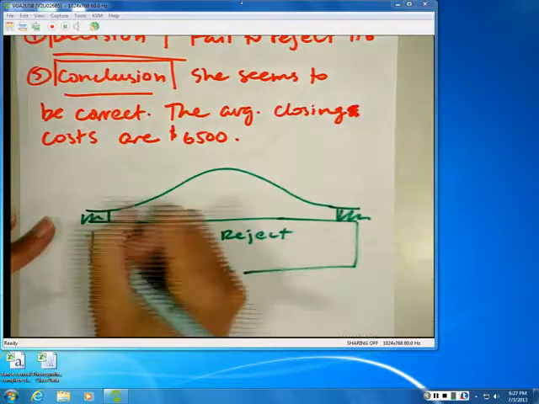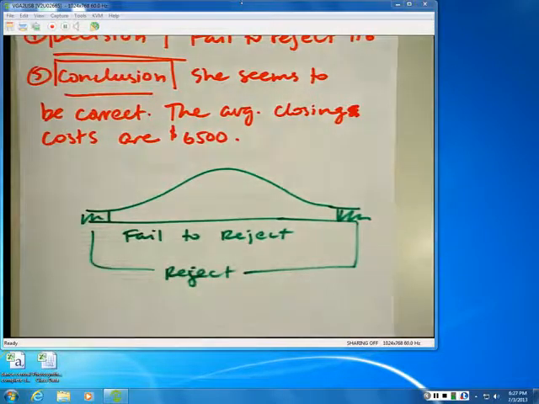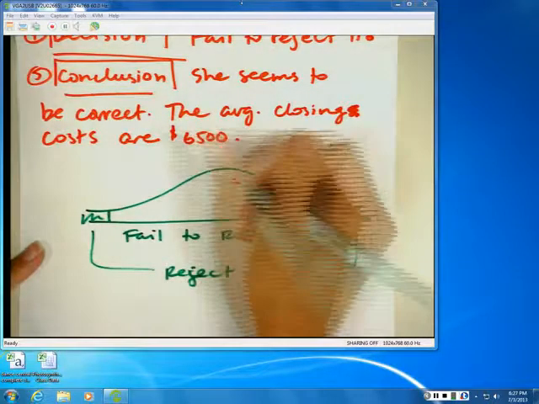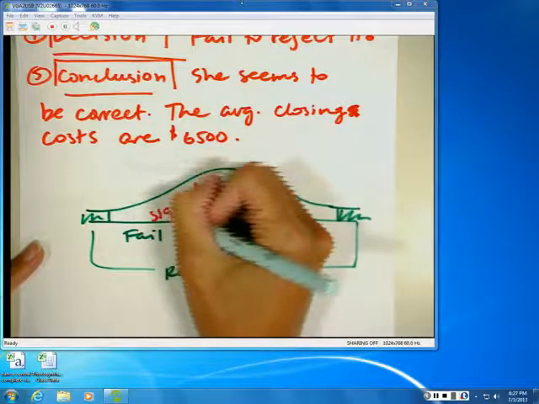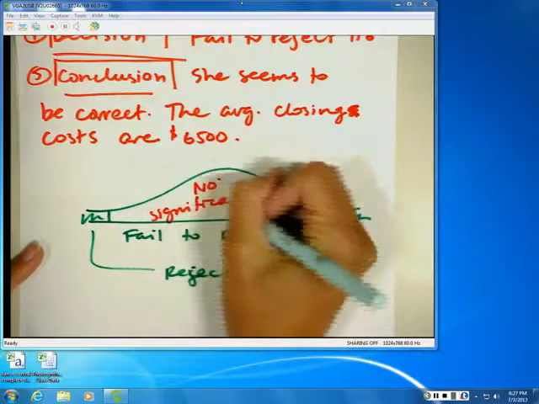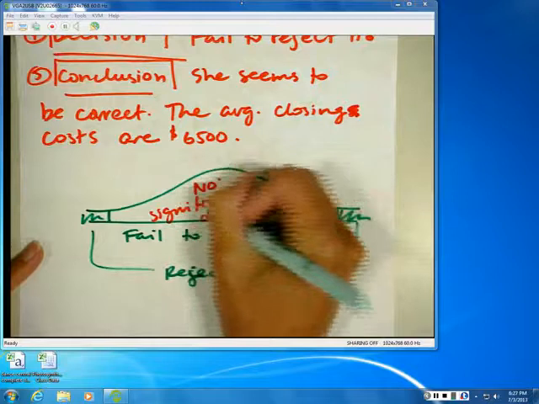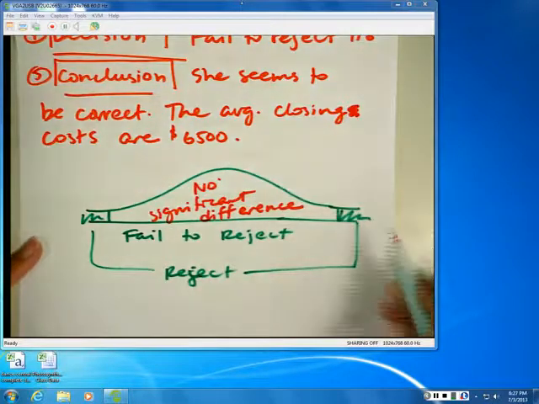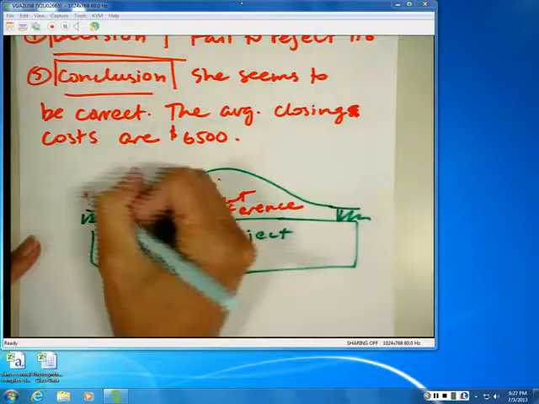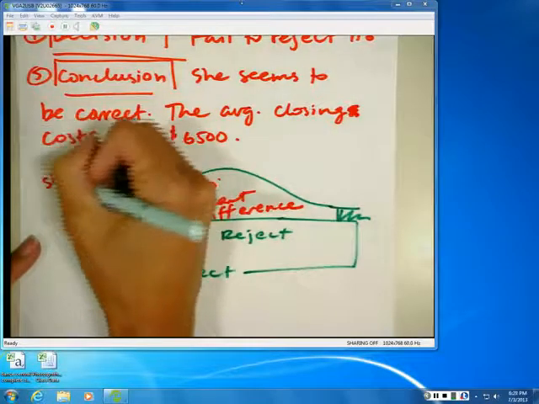But there's another way to think of this, and it works so well when you're doing your conclusion. The sample is either not significantly different, so here there's no significant difference. I love this because it works for everything we're going to do. There's no significant difference if you're in the middle. And if you're here, you did find that it was significantly less.